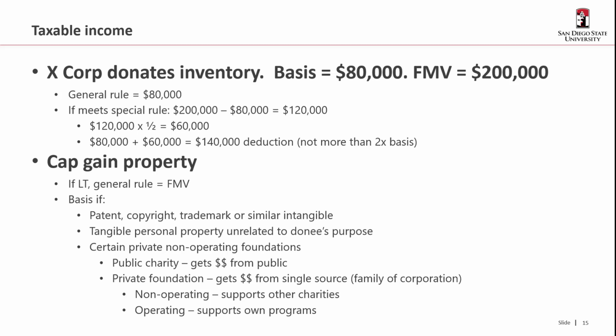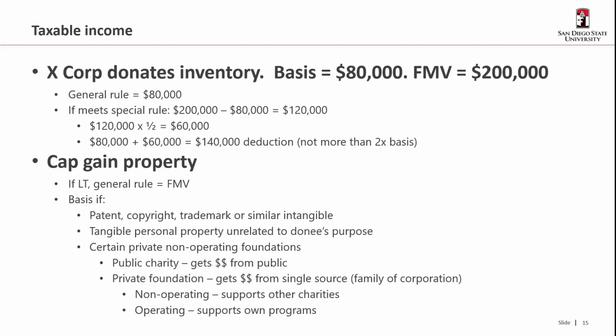If a corporation donates capital gain property, and again, capital gain property is pretty rare for a corporation, but it does happen. If it's long-term capital property, then the general rule is it goes out at fair market value. It goes out at basis if that property is a patent, copyright, trademark, or similar intangible, if it's tangible personal property and unrelated to the donee's purpose, or if it goes to certain private non-operating foundations.